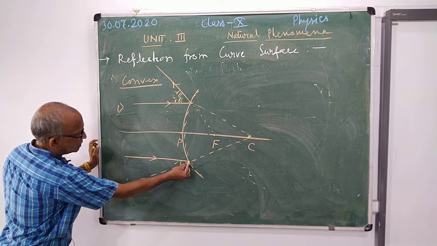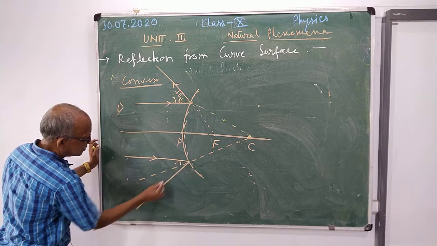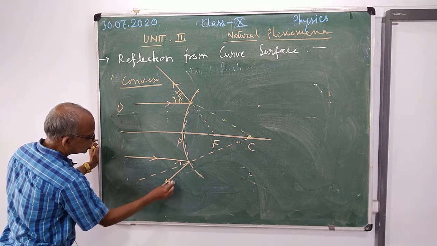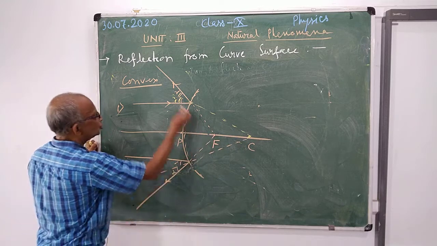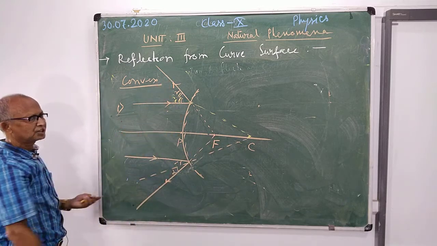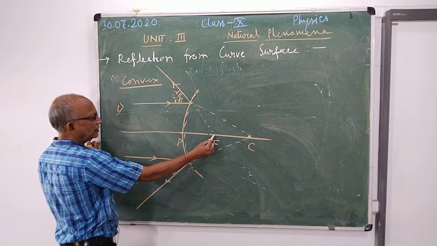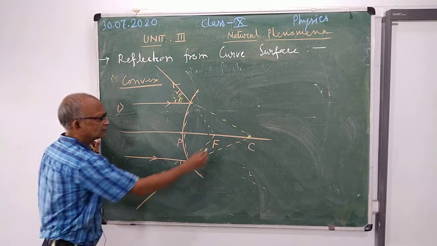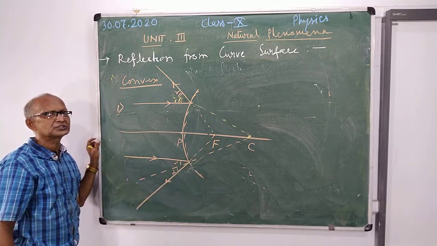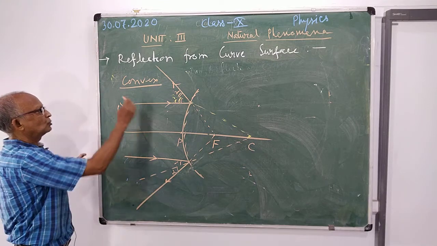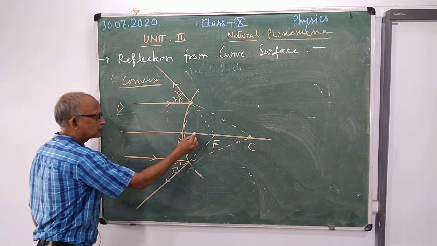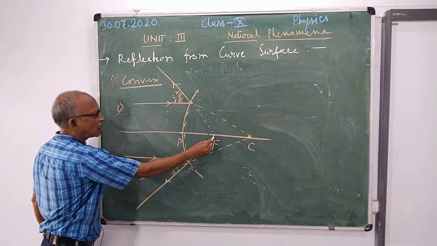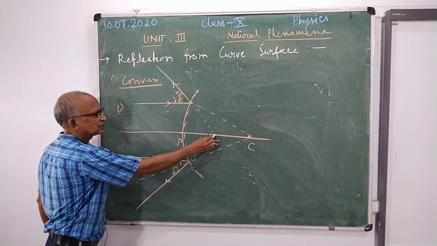Now draw the angle equal to this. So this is r, and now check this. The reflected rays seem to diverge from a point on the principal axis, and that is called its principal focus. Okay? So do you understand? The incident ray parallel to the principal axis, after reflection, seems to come from focus.